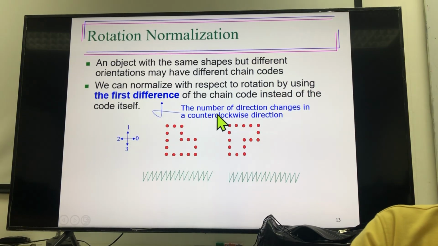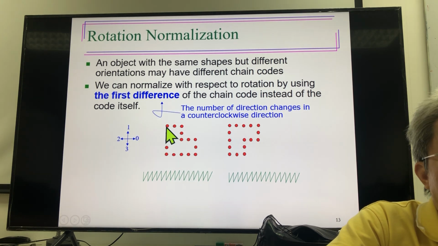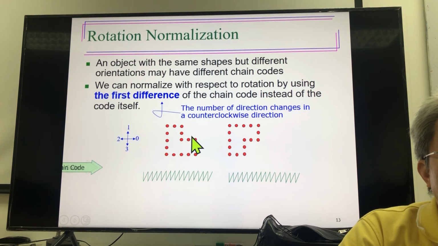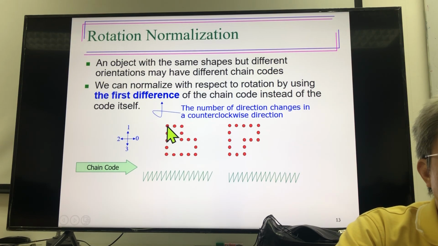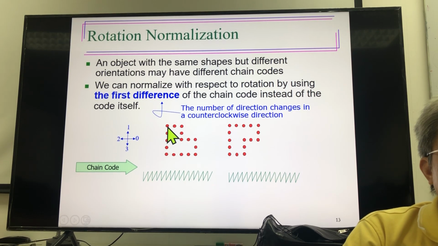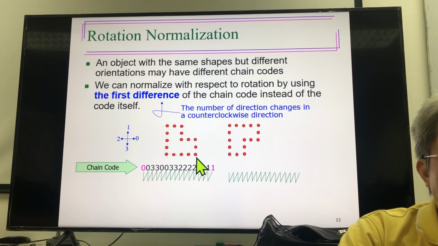If you treat it like this, suppose we start with this, the chain code would go 0 0 3 3 0 0 3 3, and then 2 2 2 2 2 1 1 1 1 1. So we end up with this chain code.